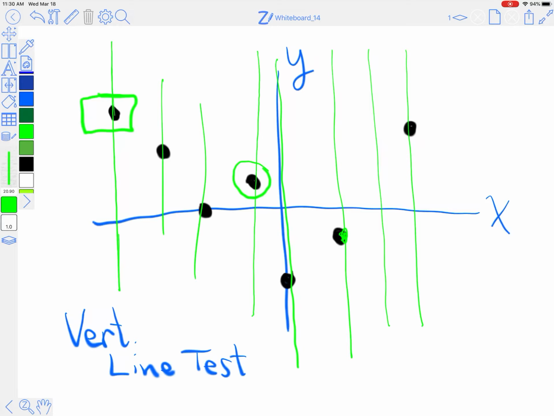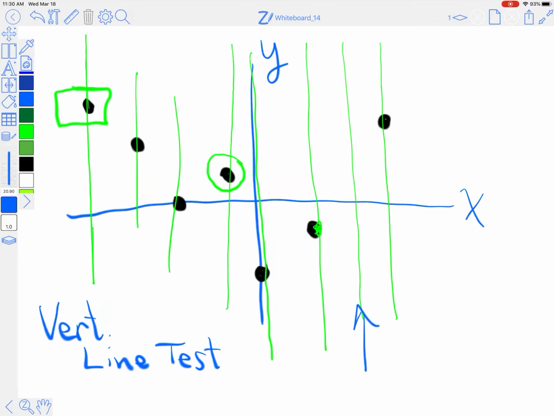So anywhere that I look on this graph, a vertical line will touch a point at most only one time. If it doesn't touch a point, like this one right here, that's fine. That doesn't change anything. This graph or this relation is a function.